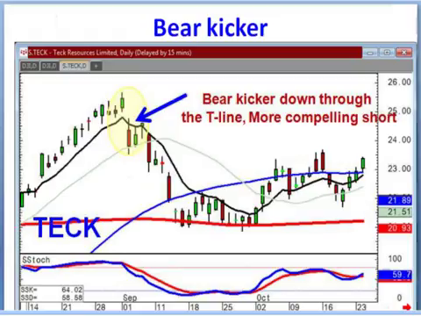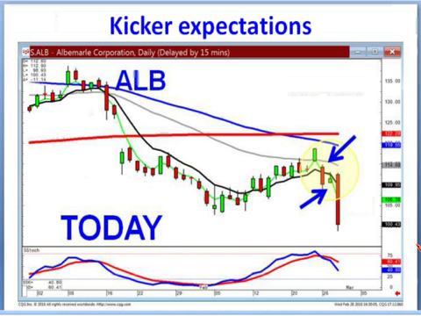So anytime you see this, if you're long, you close out the long position immediately and get ready to go short. We recommended ALB the other day to go short. Now, it didn't confirm yesterday.